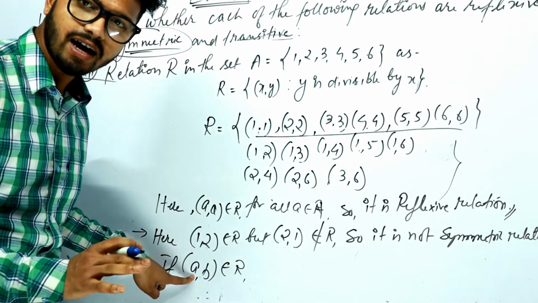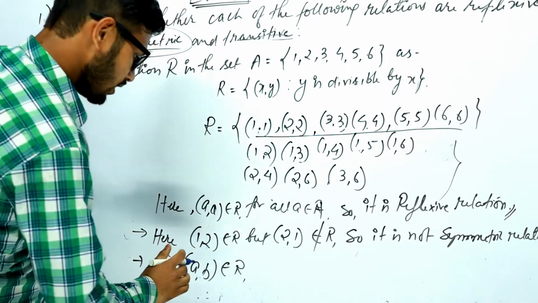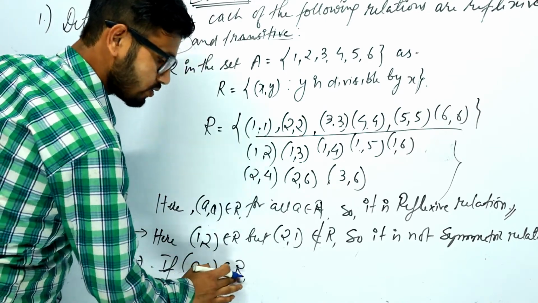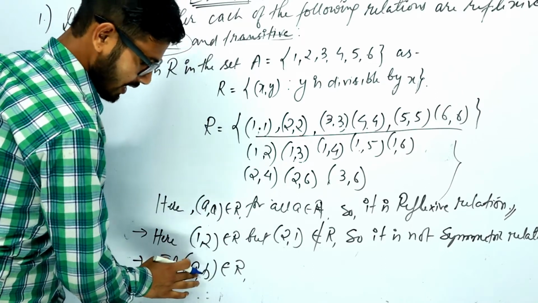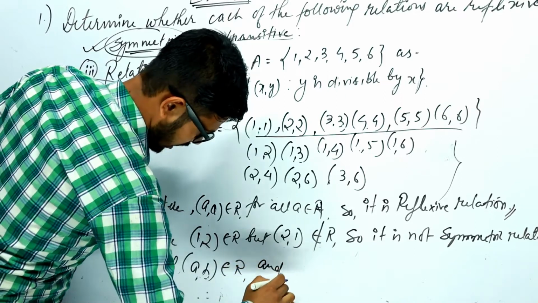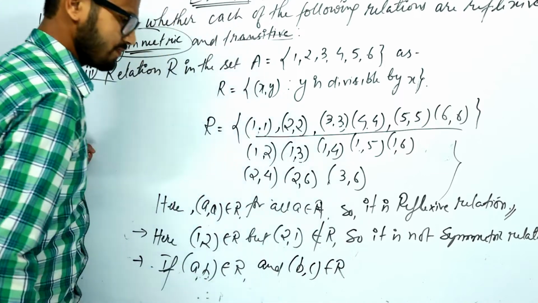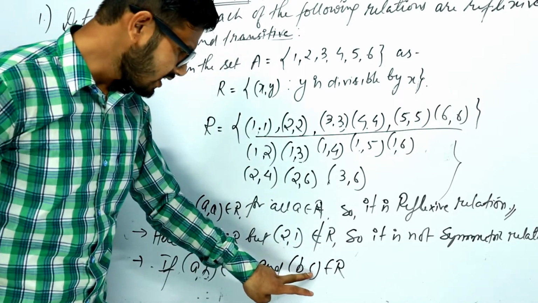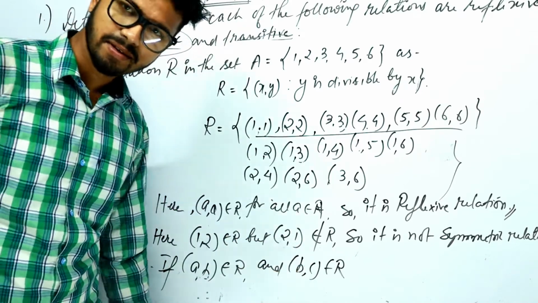I consider (a, b) as elements of the relation. If (a, b) belongs to the relation, that means b is divisible by a, meaning a can divide b, and (b, c) also belongs to R. It's a very clear concept. That means c is divisible by b.